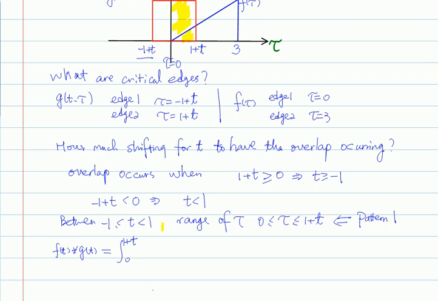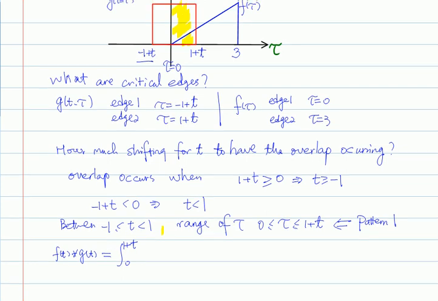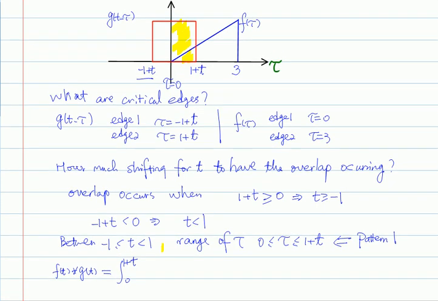And that's when your shifted value t is between -1 and 1. So within this region, 0 to 1 plus t, the value of g of t minus tau is 1. The value of f of tau is this straight line. Now this straight line is pretty easy to formulate.